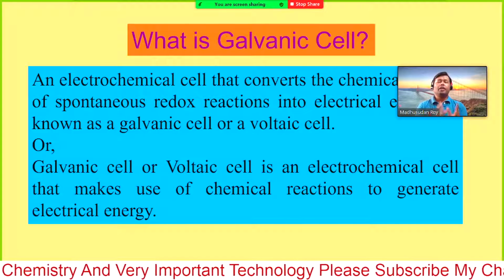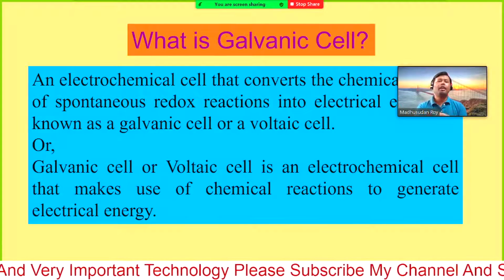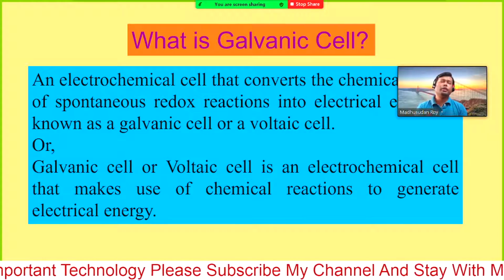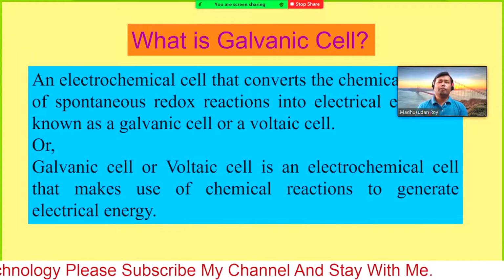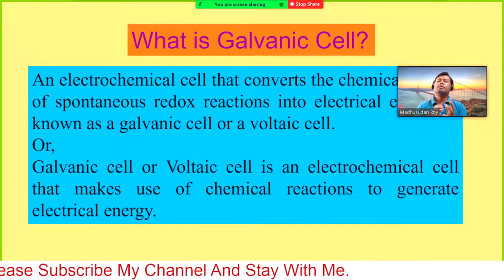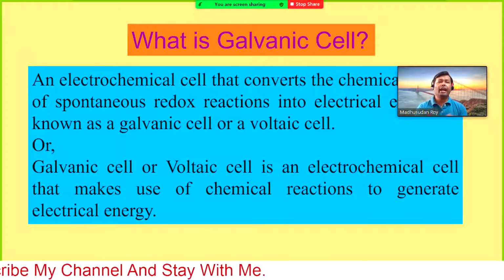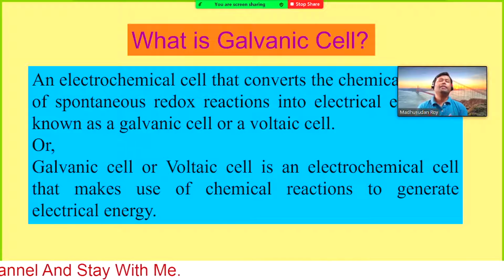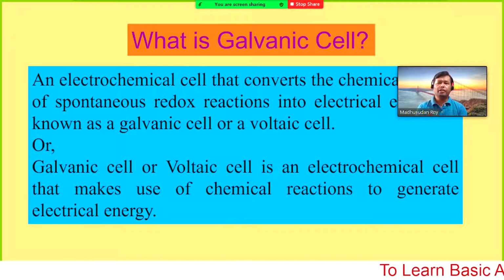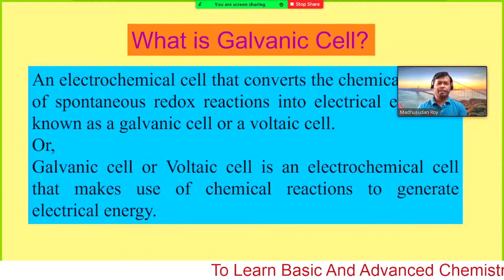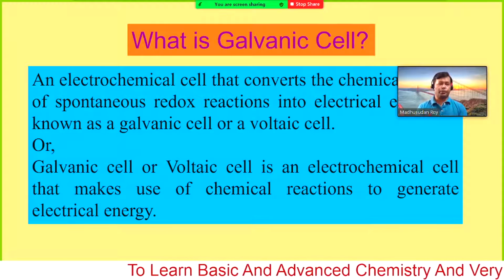Spontaneous means, for example, if you put together some acid and base, they can react vigorously and spontaneously. As soon as the acid and base come close together, they react to produce salt and water. That is a spontaneous process.